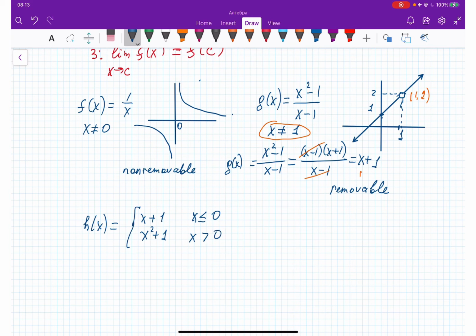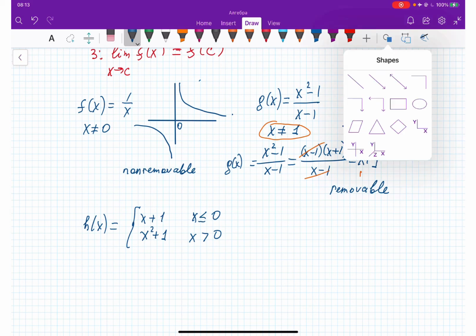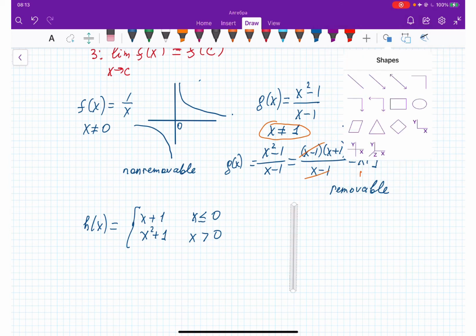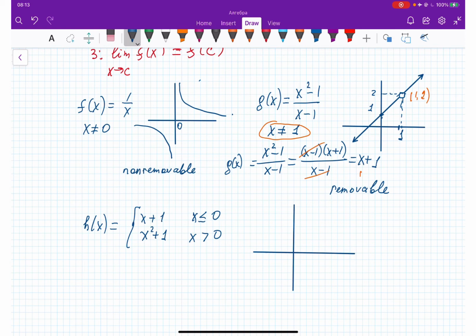All right, so if we draw this graph, we are getting x plus 1 where x is less than or equal to 0. So if this is my 1, my graph is going to go only where x is negative, and including this 1 also. This is negative 1. Like that.